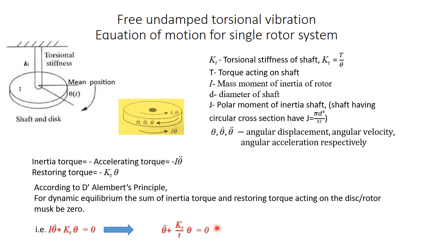And we also proved that k by m is the square of the natural frequency, omega n square. Here, instead of k by m, this is k by I, instead of mass it is the moment of inertia I. So k by I represents the square of the angular velocity of a system which is undergoing torsional vibration. So the natural frequency omega n will be equal to root of k by I.